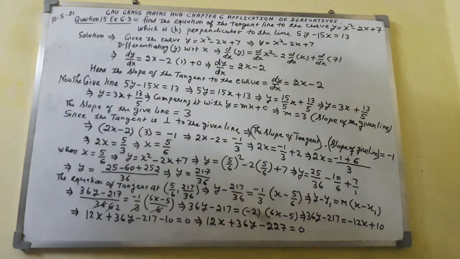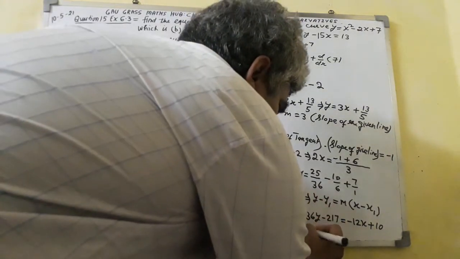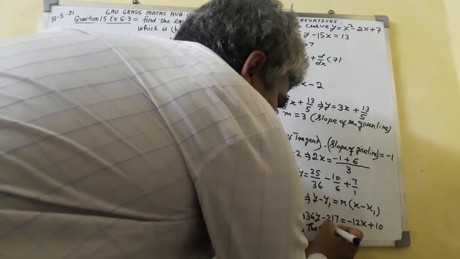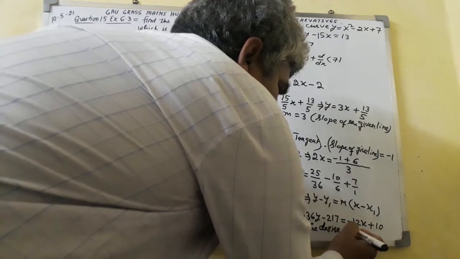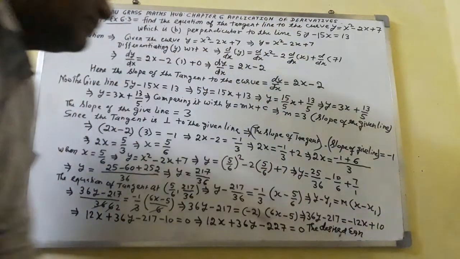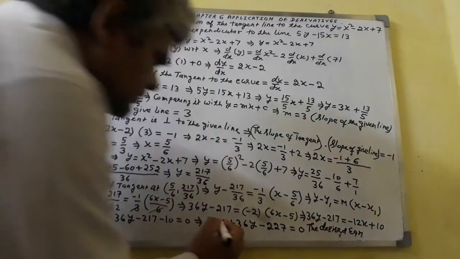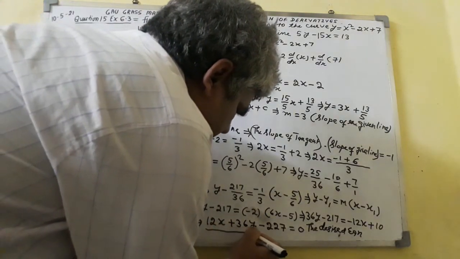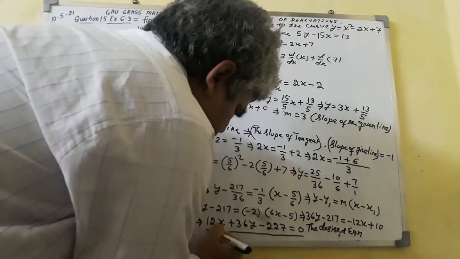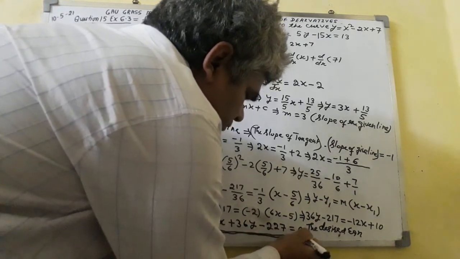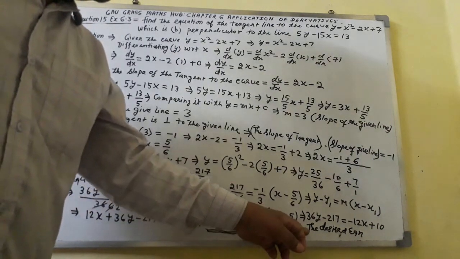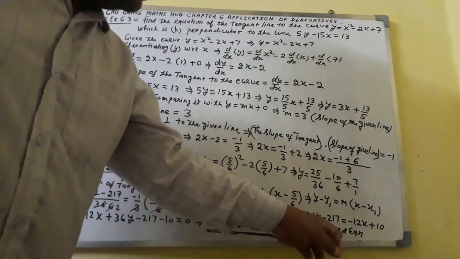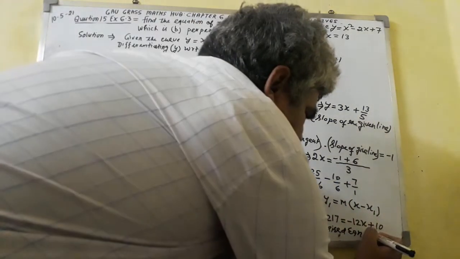This is the desired equation of the tangent. The desired equation. Twelve x plus 36y minus 227 equal to 0. This is the desired equation of tangent.